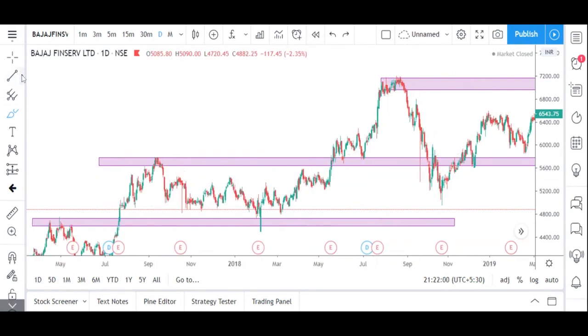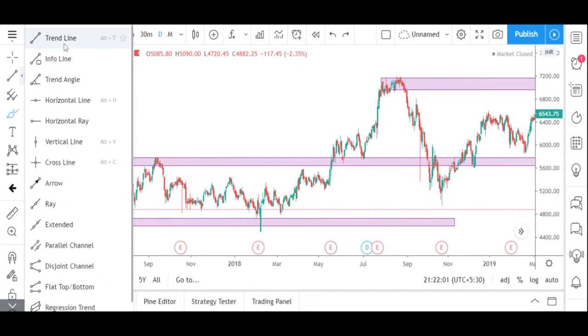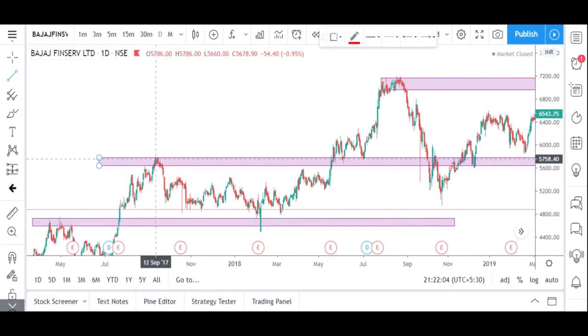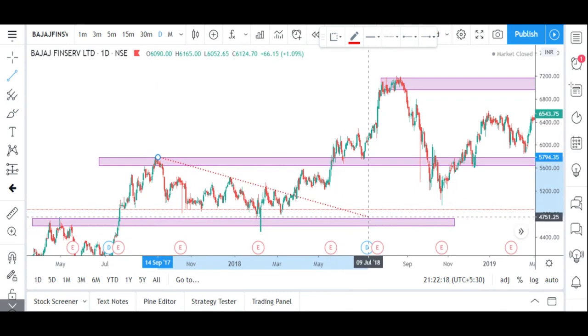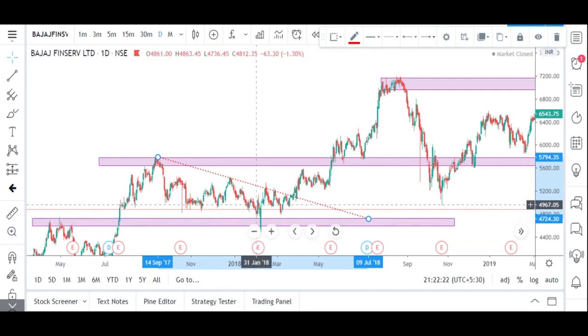So here we have our trend line. On the highest pullback, we take the highest candle, and we just draw the line over here, because if you see here, we have taken the highest pullback, highest candle, until it touches the support region.